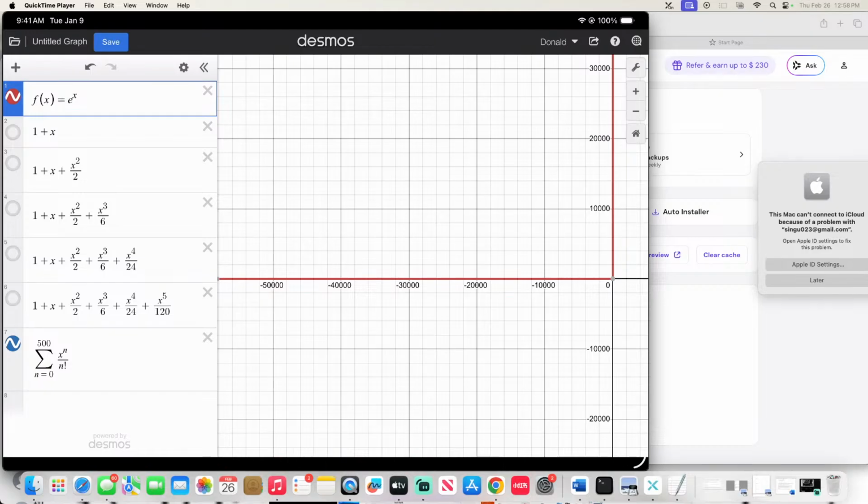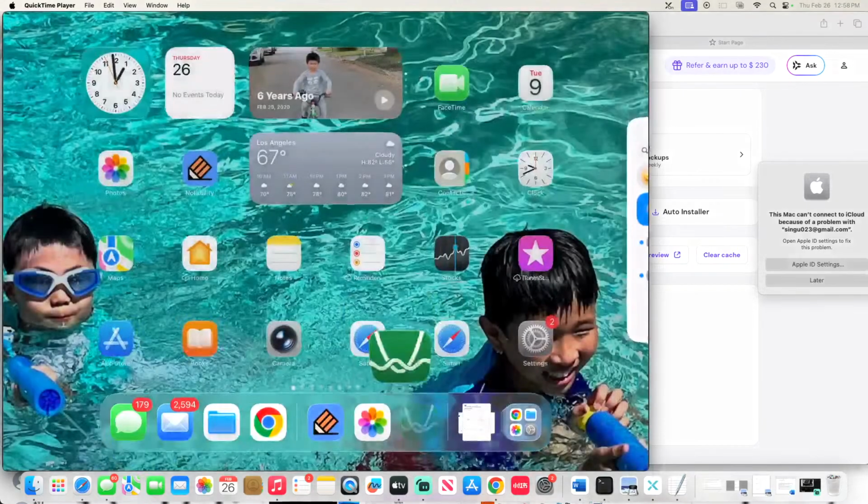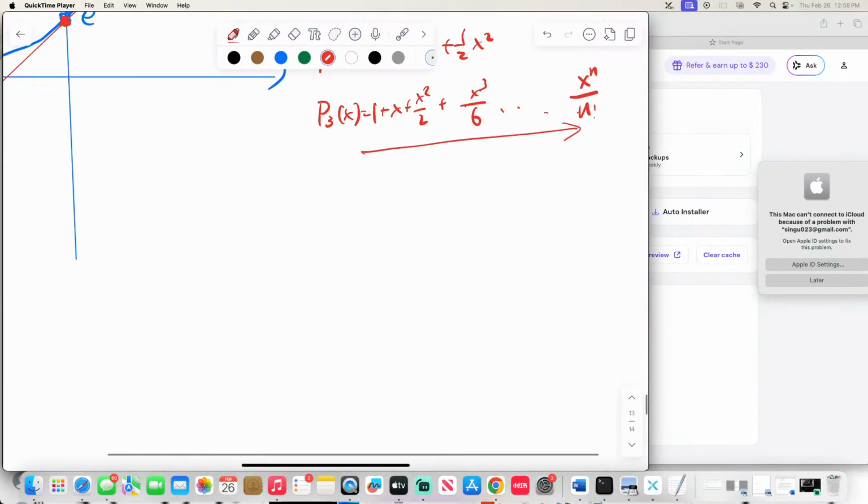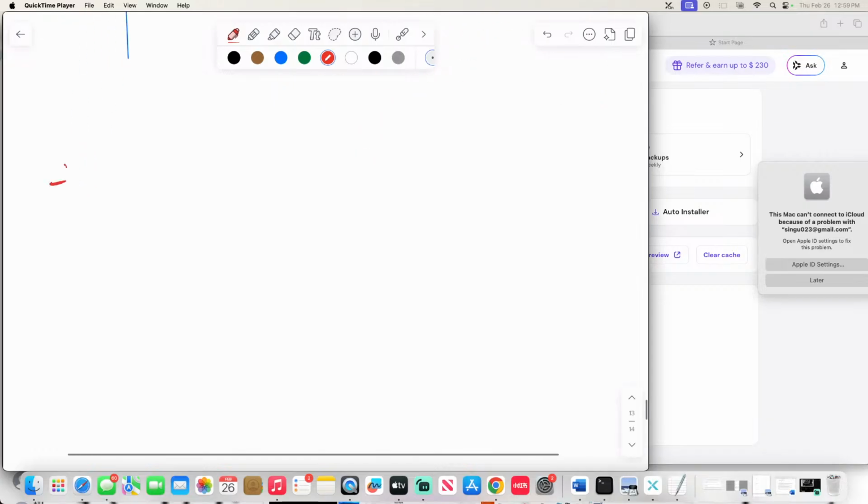Okay. Now, here's the part that may confuse you. It may not. So we're going to try to do an approximation with f of x is e to the x.